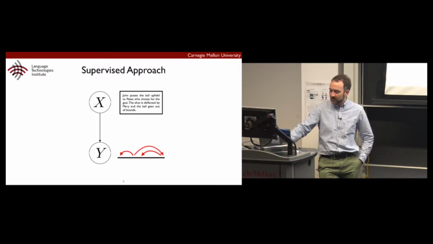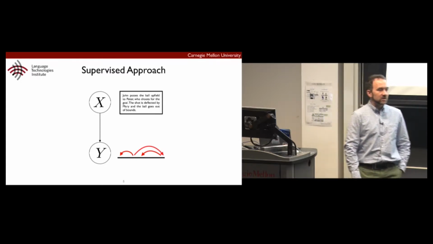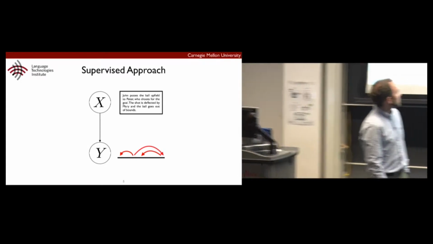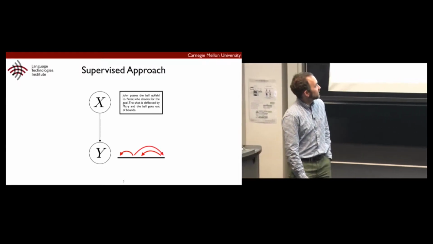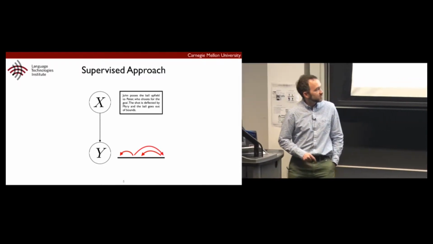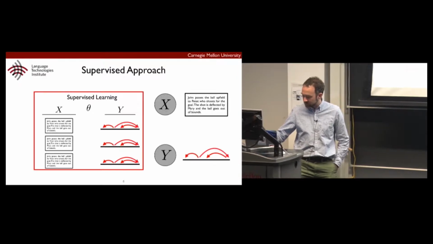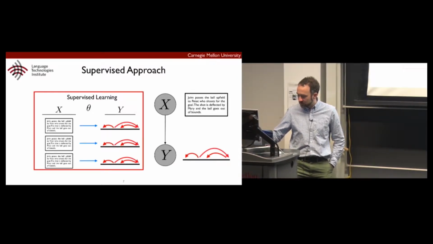And the standard way of doing something like this is a supervised approach, where you have lots of labeled data that gives you both text on the input side and these structures on the output side. And then you train the neural network to predict these syntactic structures from text.